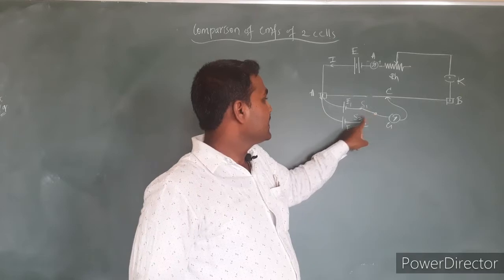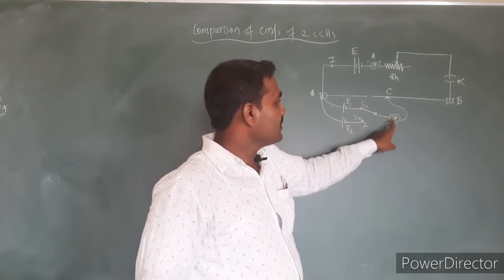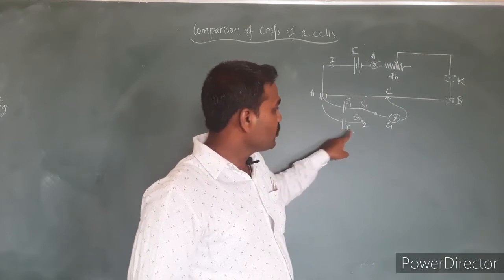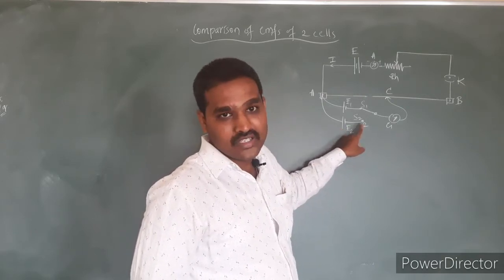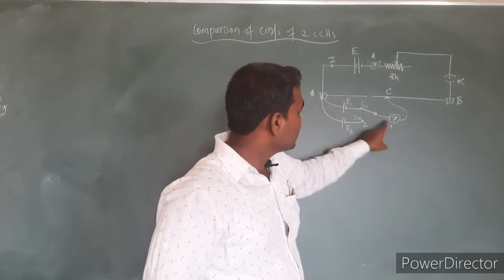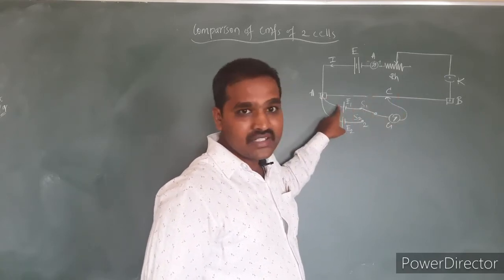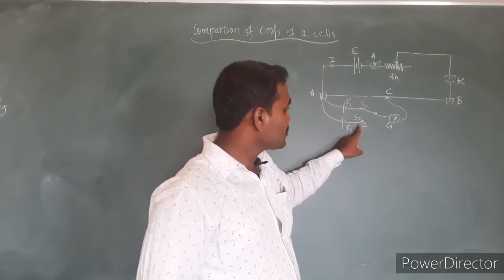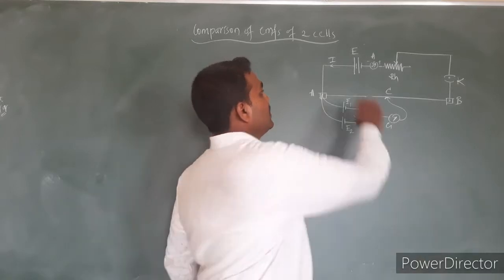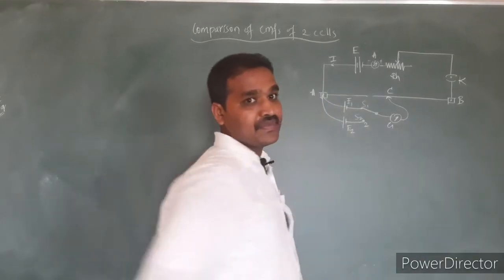The same jockey and galvanometer can be connected through cell E2 by using switch S2. When switch S1 is closed, this is the path. E1 will be in the secondary circuit. When switch S2 is closed, E2 will be in the secondary circuit. This is the primary circuit here.